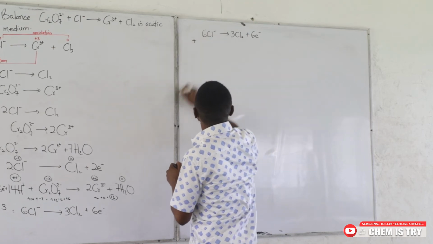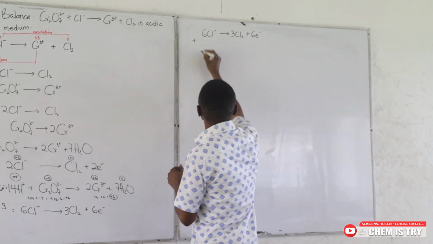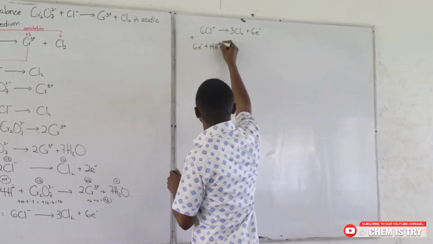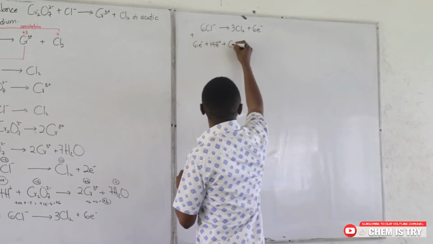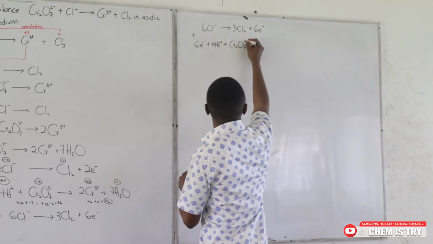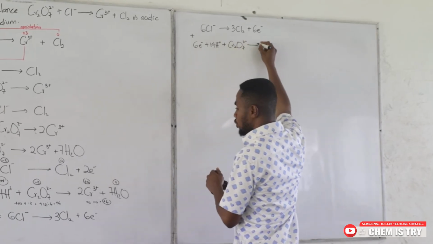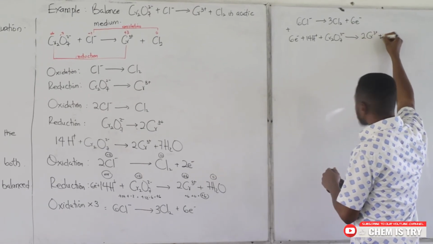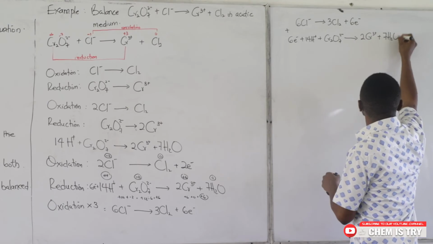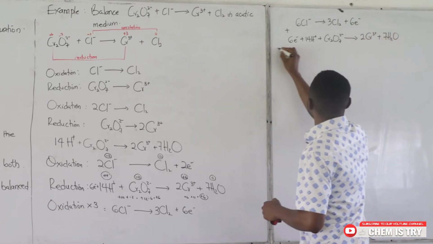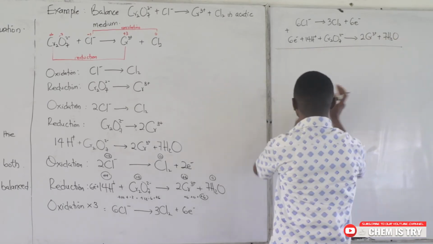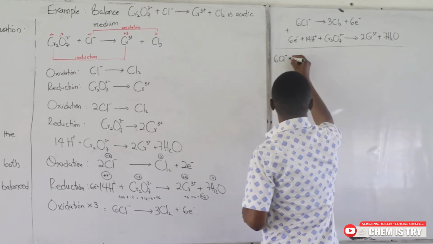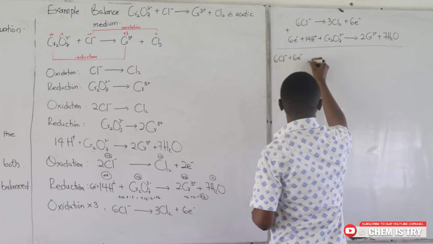Let's add that one to the reduction half equation, which is 6 electrons plus 14 hydrogen ions plus Cr2O7 2- going to produce 2Cr3+ plus 7H2O.